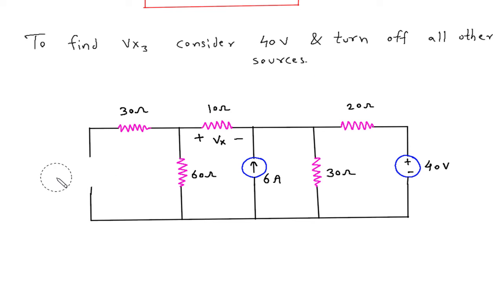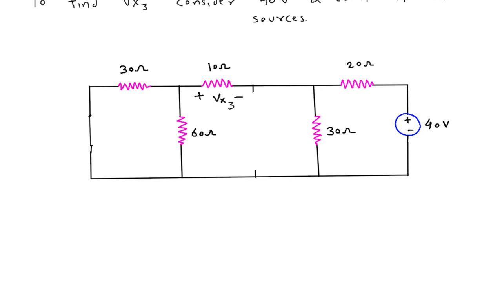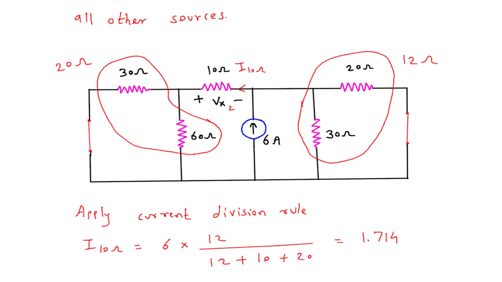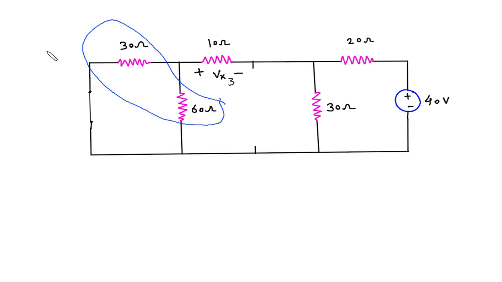So this one will be turned off and short circuited, and this one will be turned off and open circuited. And this will be Vx3. Now, as we can see, this 60 ohm in parallel with 30 ohm will be 20 ohm.